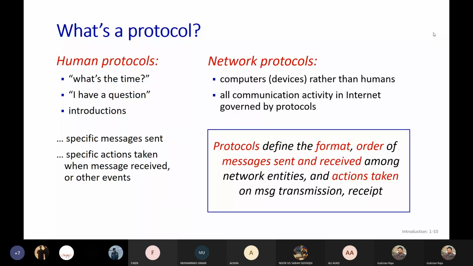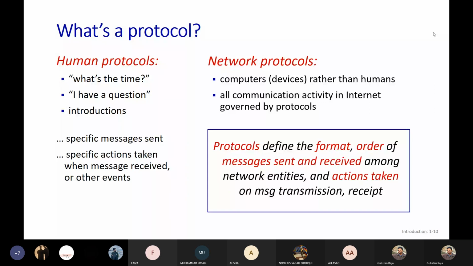This is the standard definition of a protocol. Have a look at it. Okay, is it okay to everyone? Yes, sir.